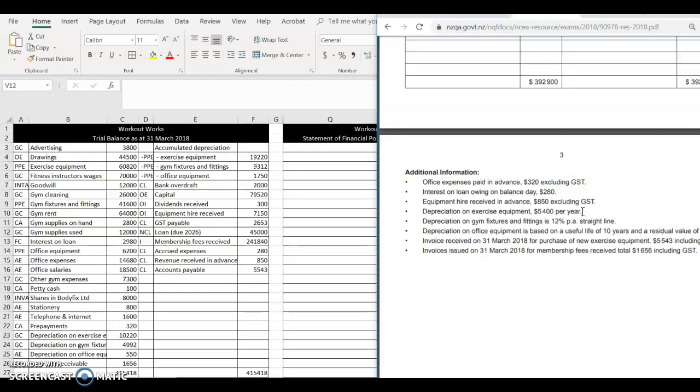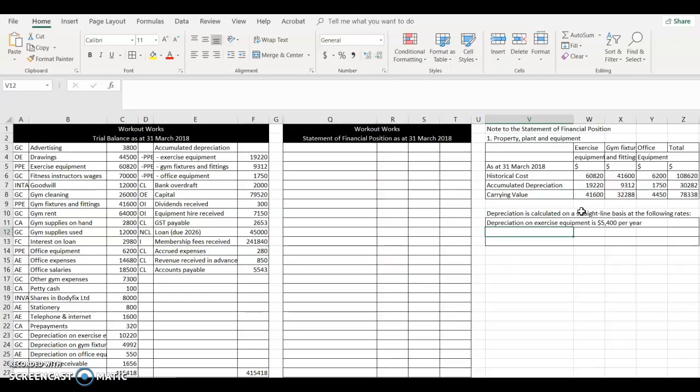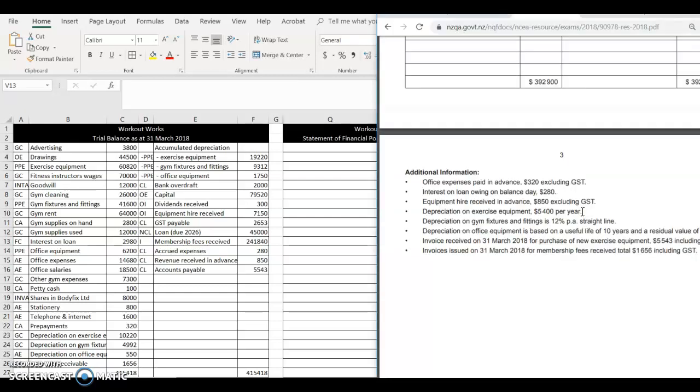Next one, depreciation on gym fittings and fixtures, 12%. And the last one was a complicated one.